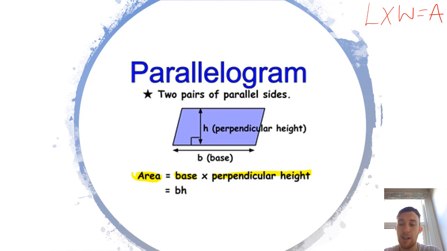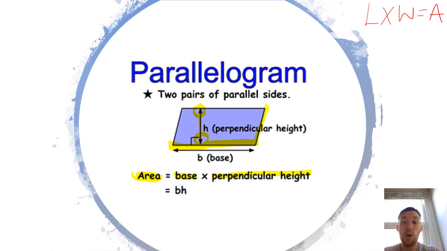So a perpendicular is when two lines meet at exactly 90 degrees. So as we can see here, this would be the base of the parallelogram, and here we would have the perpendicular height. So we can see that this line would join at 90 degrees and this would join at 90 degrees. So it's not the length of this side.